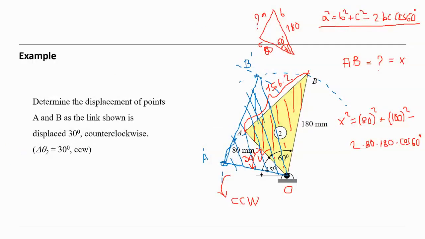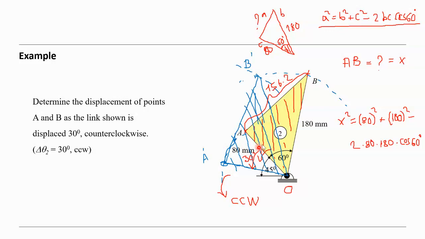And the same we can do also here. If we want to draw the new position, the final position, we don't need to calculate the distance here in between A and B. So using the protractor, we can indicate 30 degrees, and we know this length, so using the compass we can draw a circle here, and then we find the A prime.